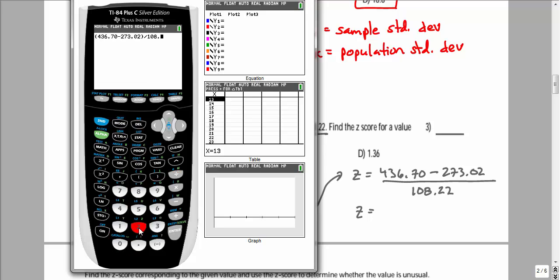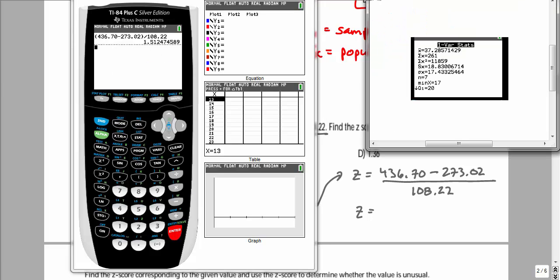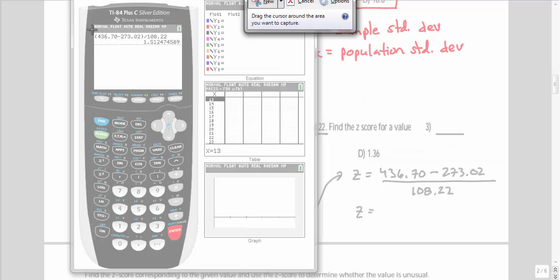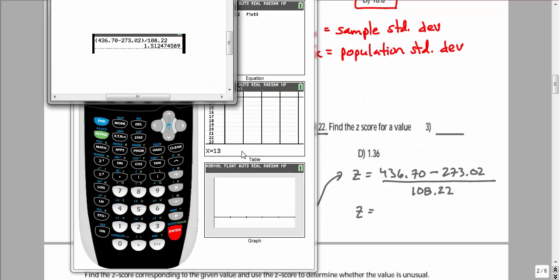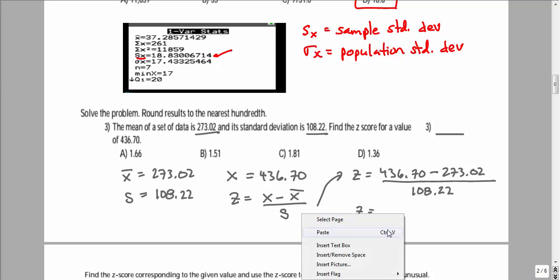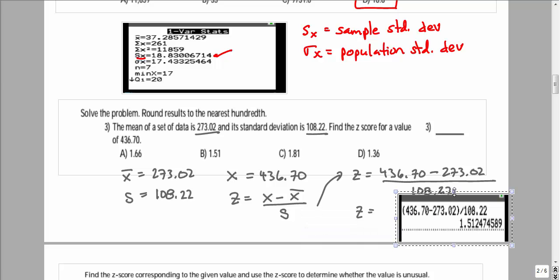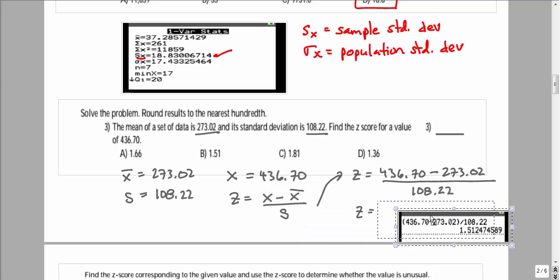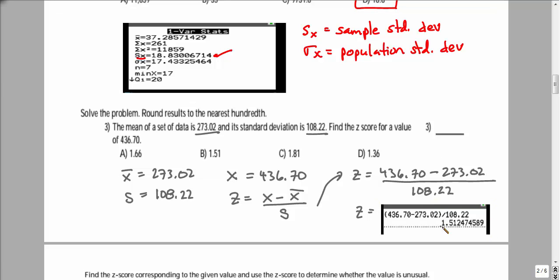Now it's important that you have the numerator in parentheses, so we make sure we divide by the entire difference. And we get a z-score then of about 1.51. We'll compare this with the possible values that they show us and see what answer we should pick. So it looks like for my value here of 1.51, that matches letter B.